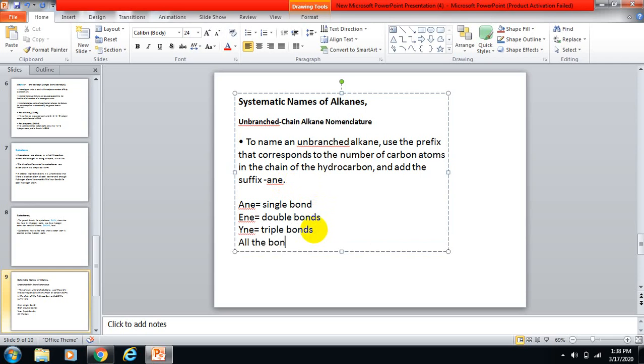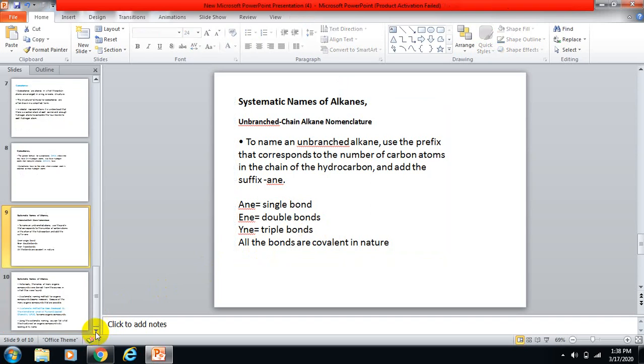All the bonds are covalent in nature. Okay, look at the names only. "-ane" single bonded, "-ene" double bonds, "-yne" triple bonds.